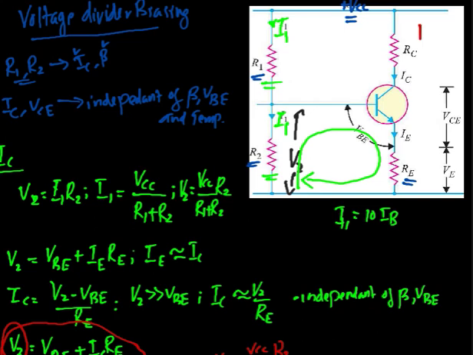It has to drop across RC, then VCE, the collector emitter voltage, then across RE.